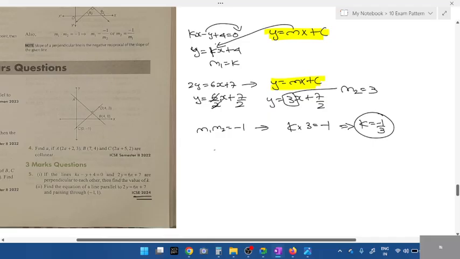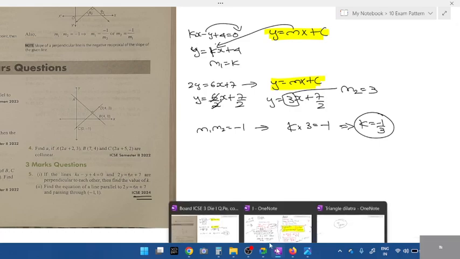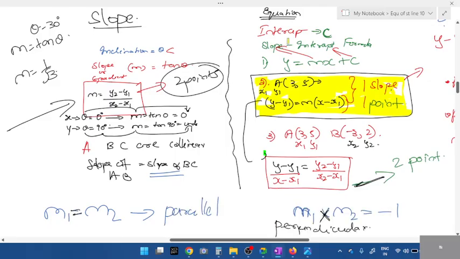Completed? Have you all done? Two equations. Look, the second question is a continuation of the first one, students. What is given? Find the equation of a line. So, next, for equation, what are the three things required? What are the three different ways we can find?